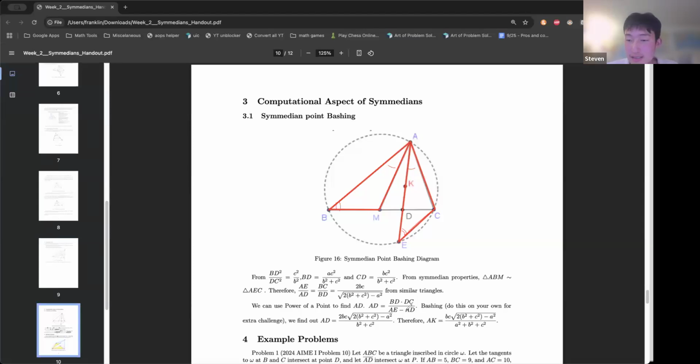Franklin, would you please correct that? Apologies, guys, my bad. What exactly again? So AE over AM is equal to AC over AB.